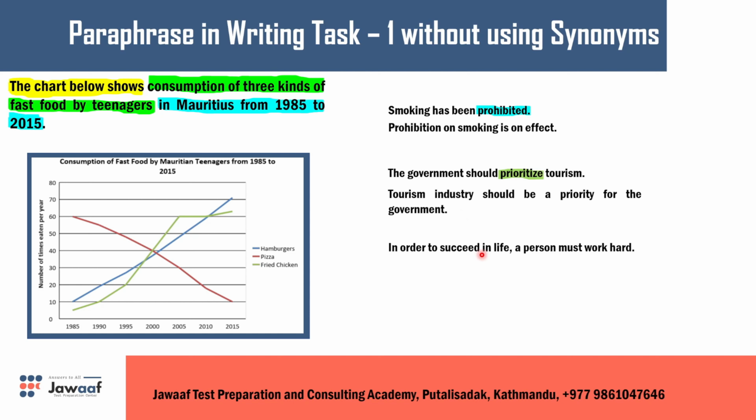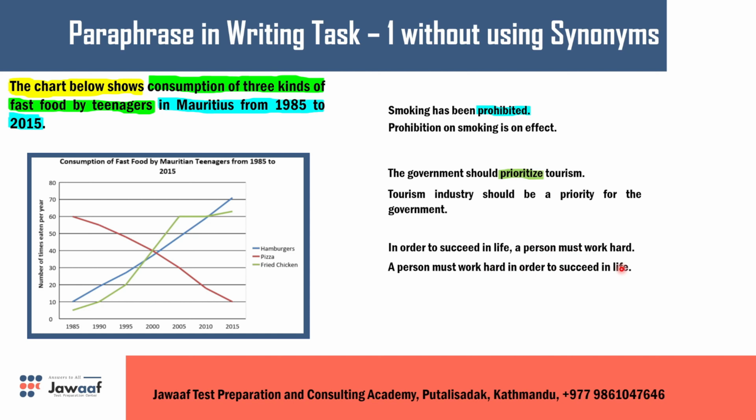In order to succeed in life, a person must work hard. Now, how do you paraphrase it without changing a word? So the first thing you can do is you can just change the structure of the sentence. You can take this last part, this clause, as the first one, and this one as the last one. For example, here, a person must work hard. See, we have just copied it.